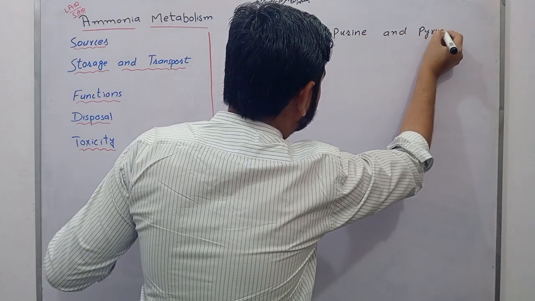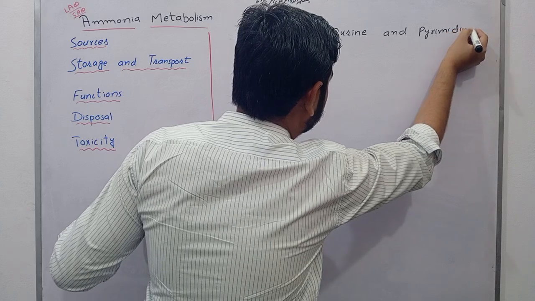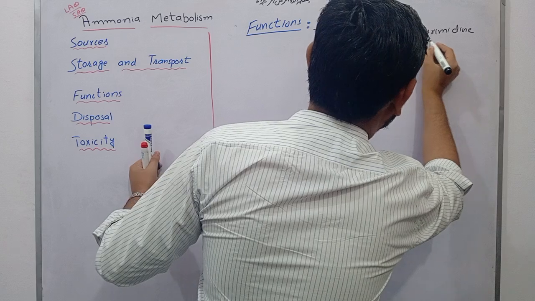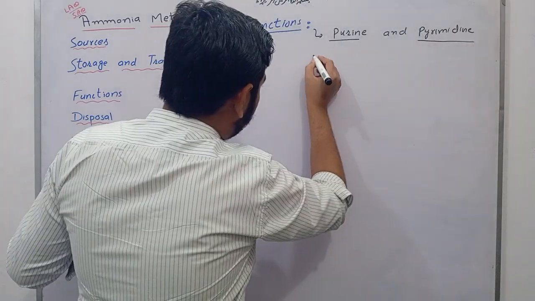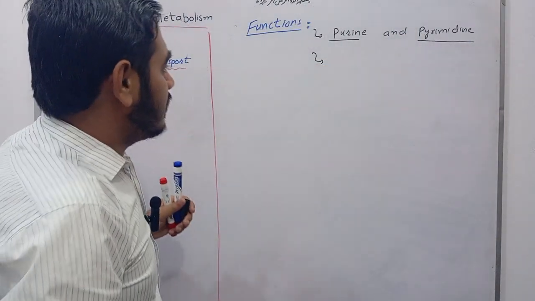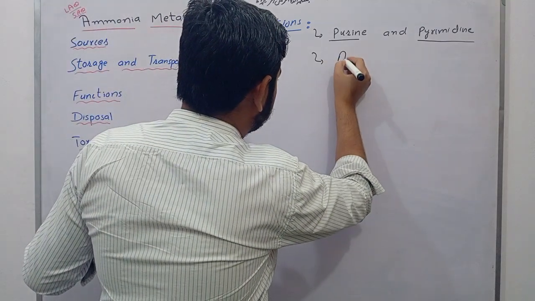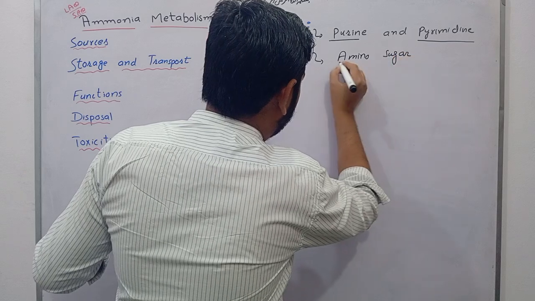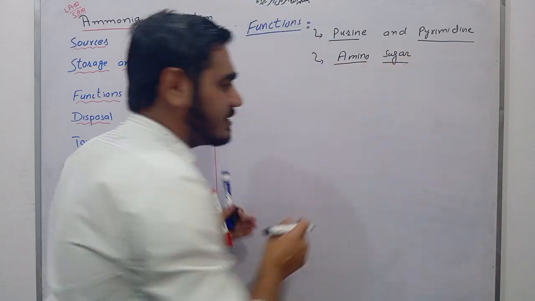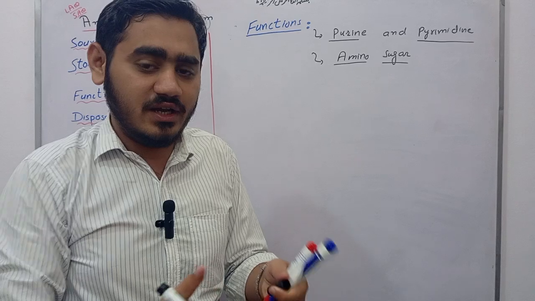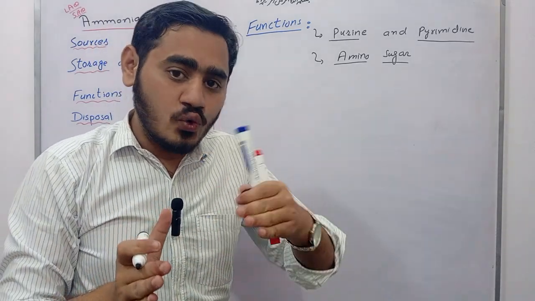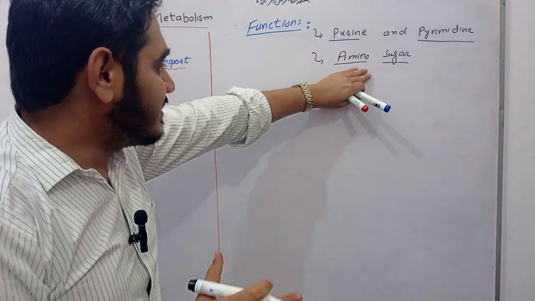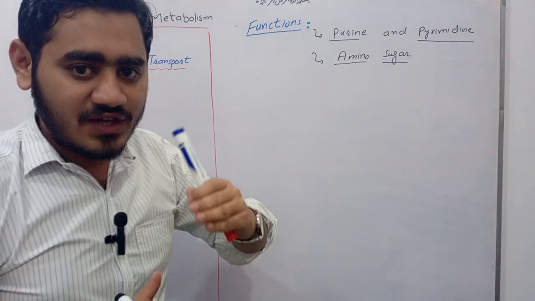Another function is that it is very important in the synthesis of amino sugar, like N-acetyl glucosamine and N-acetyl muramic acid. These are amino sugars. So in the synthesis of amino sugar, this ammonia is very important.